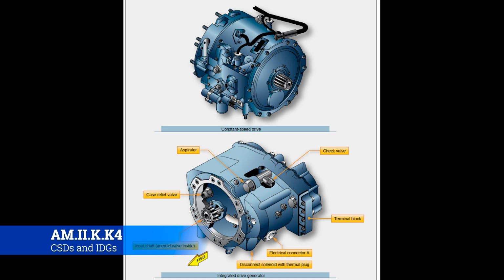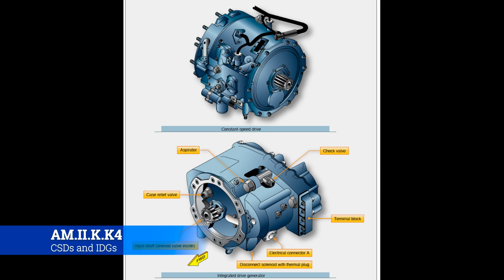Since it's not going to produce a constant RPM, it's really hard to produce a generator or an alternator that will produce the right frequency of electricity at the right voltage constantly.